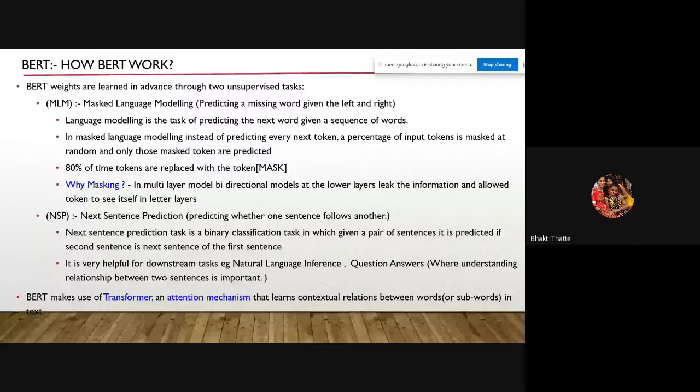So it finds out whether the sentence labeled B is the second sentence and the sentence labeled A is the first sentence. And this is very much needed for natural language inference. For example, in a question answering system, nowadays, because of COVID, we are all techno savvy and doing all the work online.